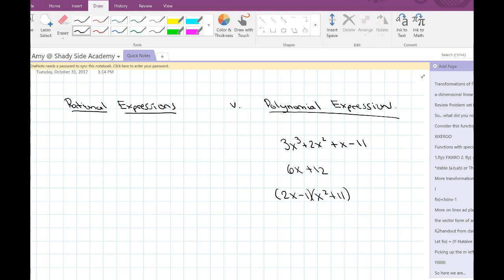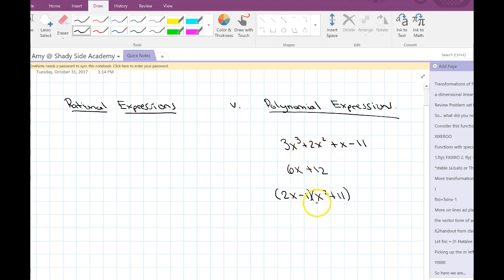So the first thing I want you to be aware of is the difference between rational expressions and polynomial expressions. We've worked quite a bit with polynomial expressions. I put 3 up here. Some of the expressions have been factored, some have not. But polynomial expressions are defined by having no domain restrictions, in other words, no restrictions on the variable value.